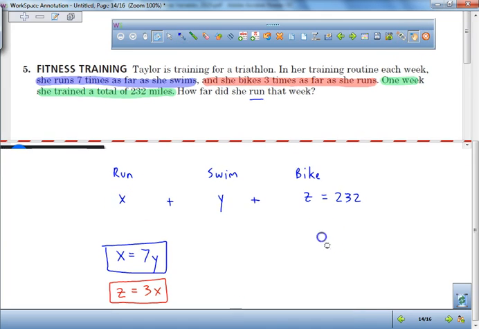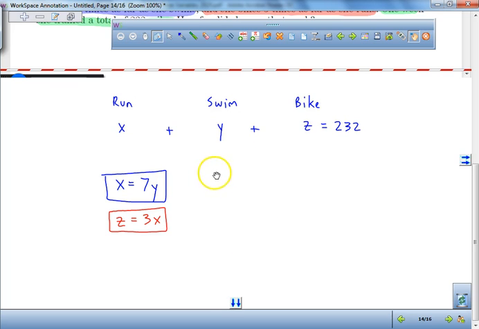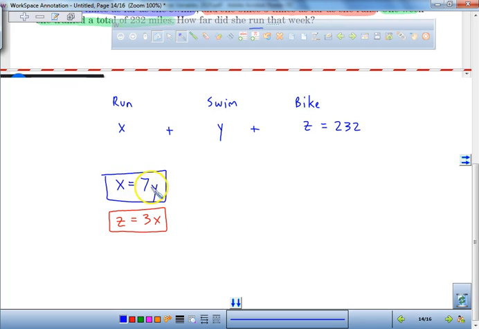Now, let's check this out. If we have x, and by the way, what is x equal to? Yeah, x is equal to 7y, right? 7y plus her swimming, which is y, plus her biking. Well, what's her biking equal to? 3x. And what's that all equal to? 232.